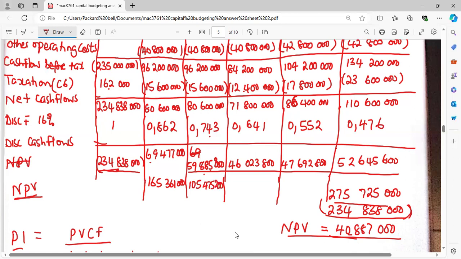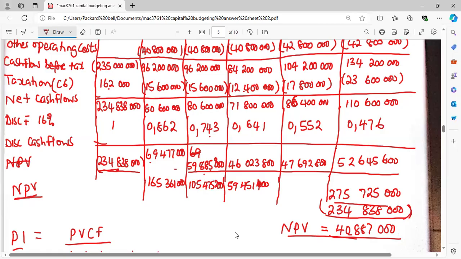Then in here, how much are we going to have? We subtract again 46. That gives 59,451,400.